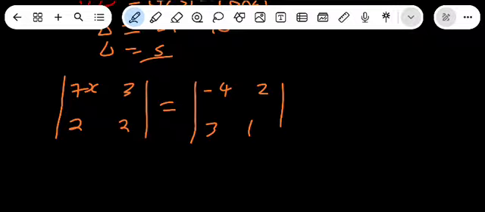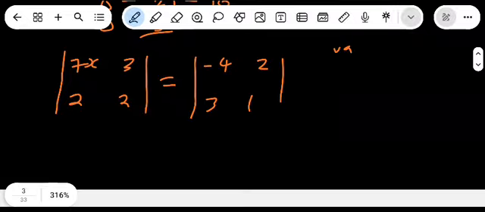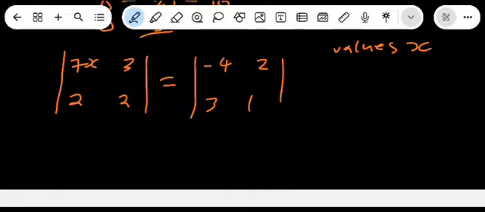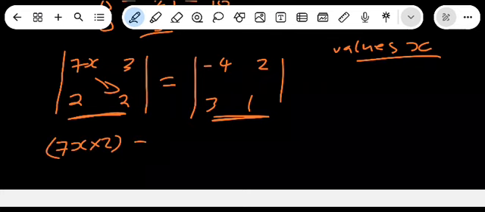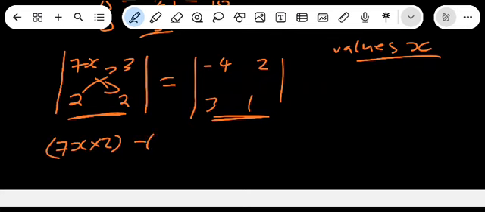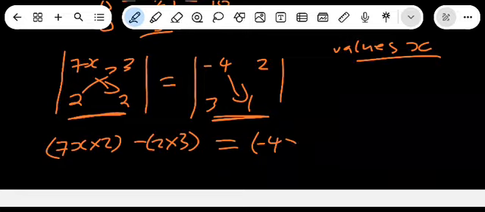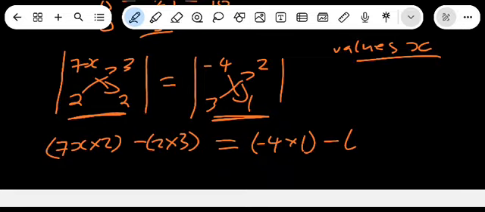Then determine the value of x. As you can see, this is a 2 by 2 matrix, and this is also a 2 by 2, so we can multiply. 7x multiplied by 2 minus 2 multiplied by 3 equals negative 4 multiplied by 1 minus 3 multiplied by 2.